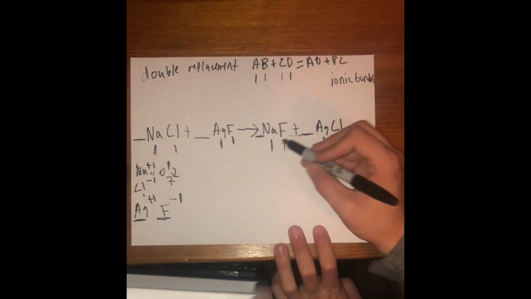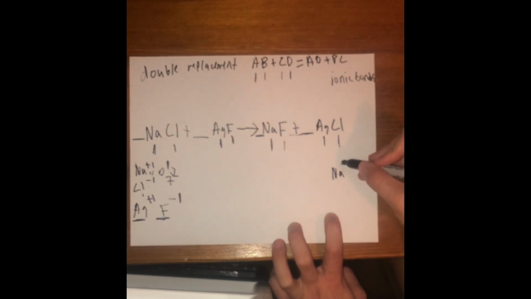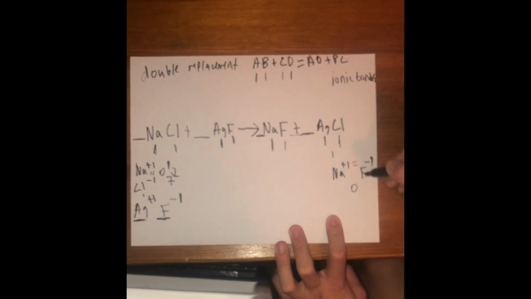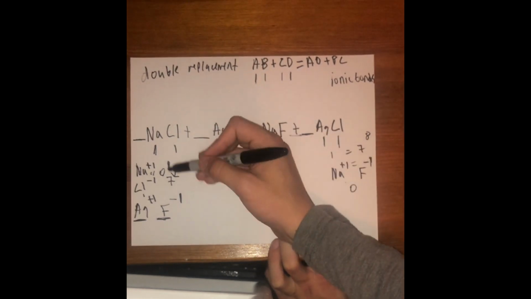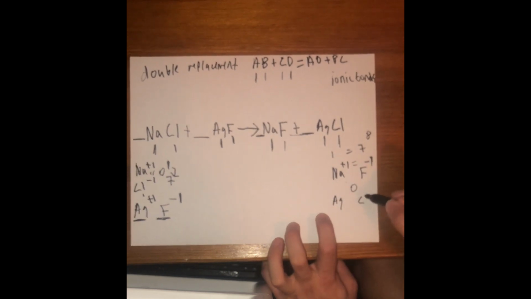Now let's go to the right side here. We get sodium, which is a +1, an alkali metal, and fluorine, which is a -1, which balances out. Conveniently enough, it gets 0, that's what we want. And if we go correctly, sodium has 1 valence electron, fluorine has 7, equals 8, follows the octet rule. So that means this is stable, and that is stable. Now we get silver chloride.